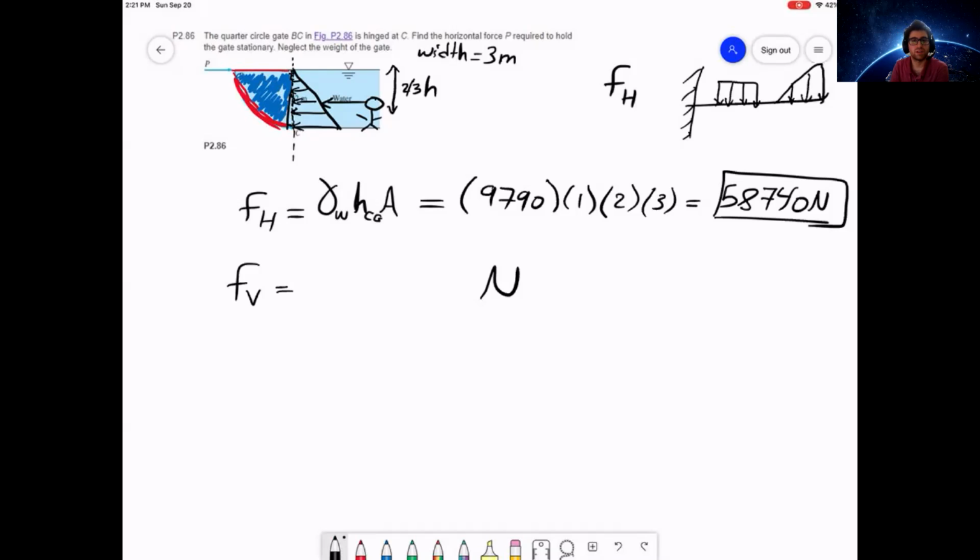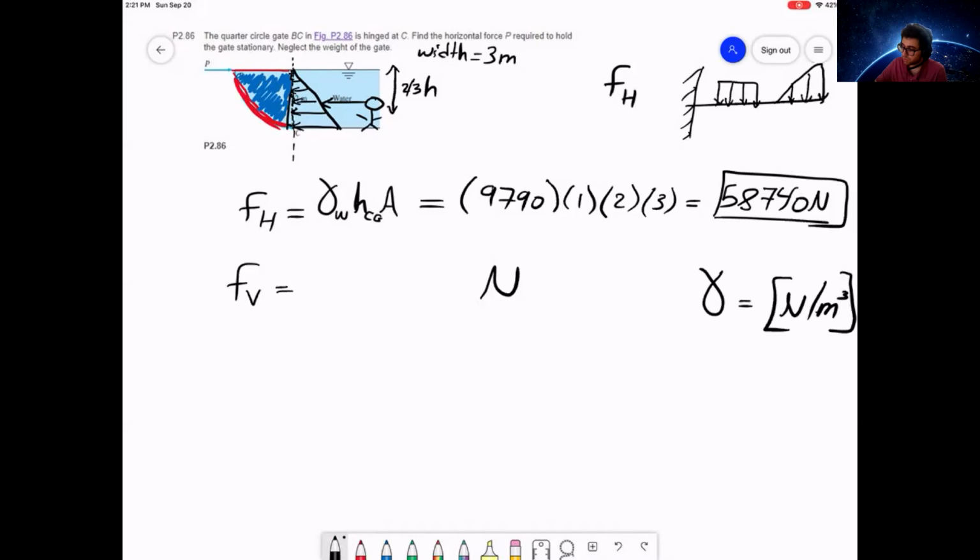We have gamma, right? Gamma is really important because it's called specific weight. So maybe we should include gamma in our formula. And what are the units for gamma? Newtons per meter cubed.